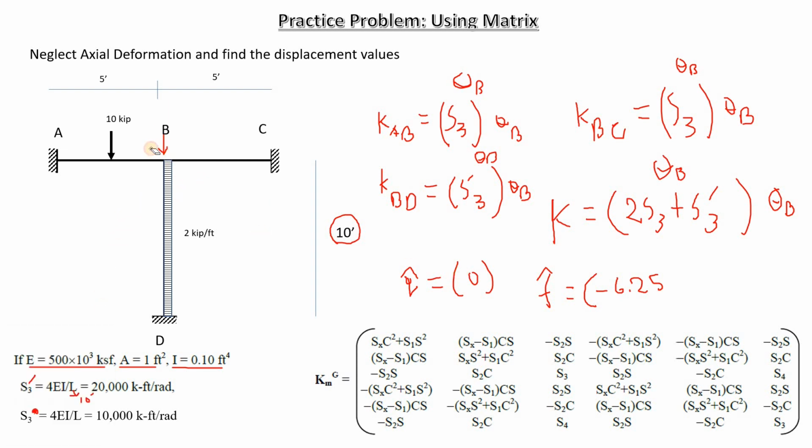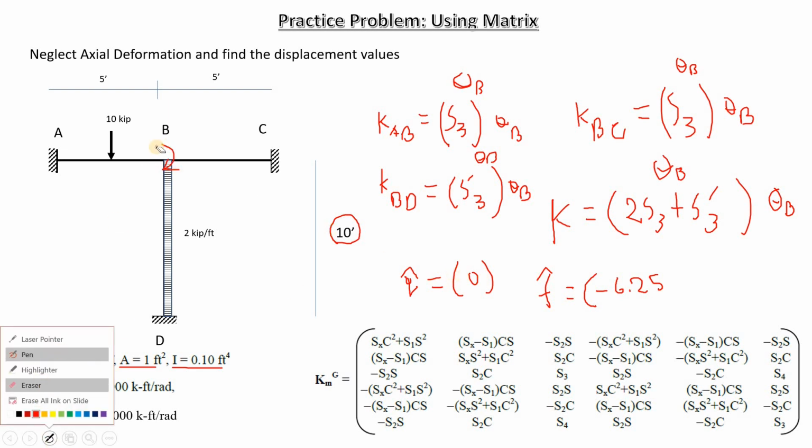Okay, so if there were an externally imposed moment value here on B, then Q would not have been 0. Okay, so let's move on.